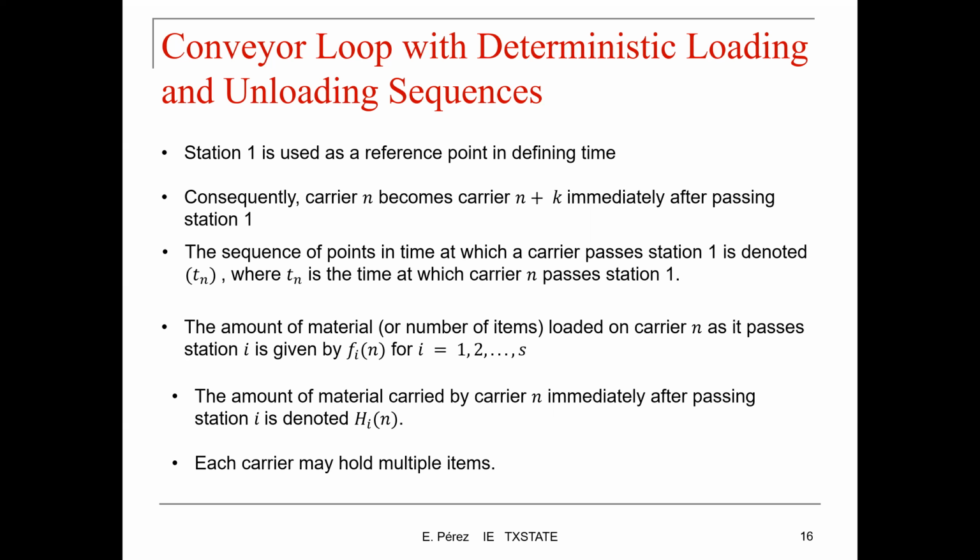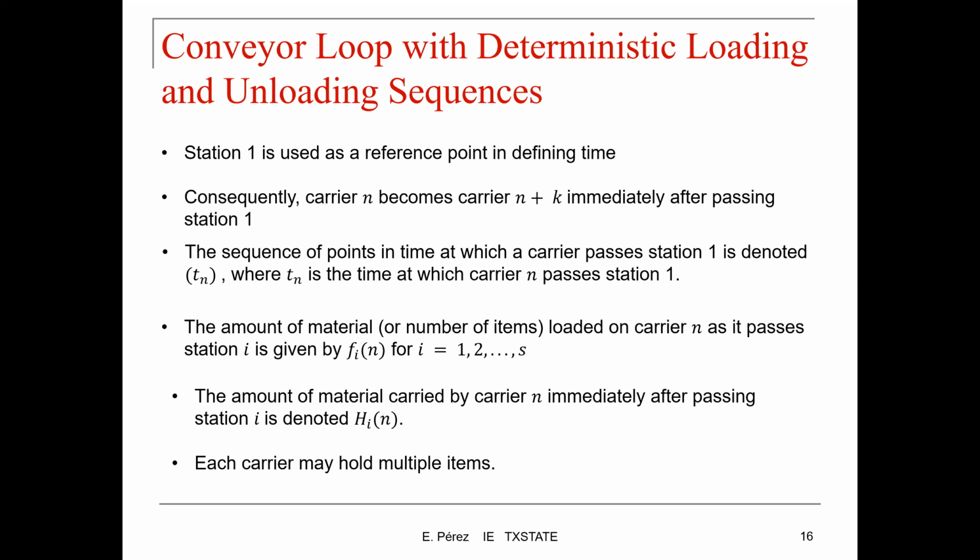The sequence of points in time at which a carrier passes station 1 is denoted by Tn, where Tn is the time at which carrier n passes station 1.